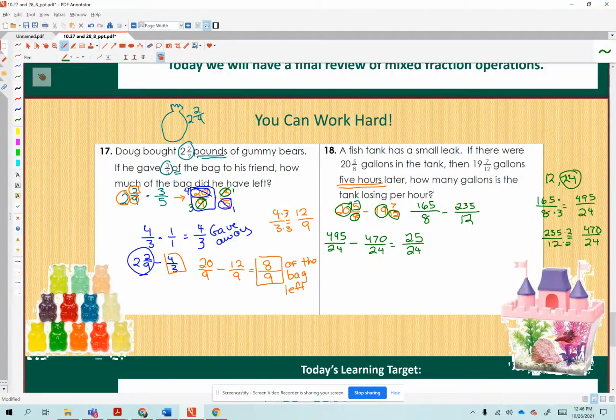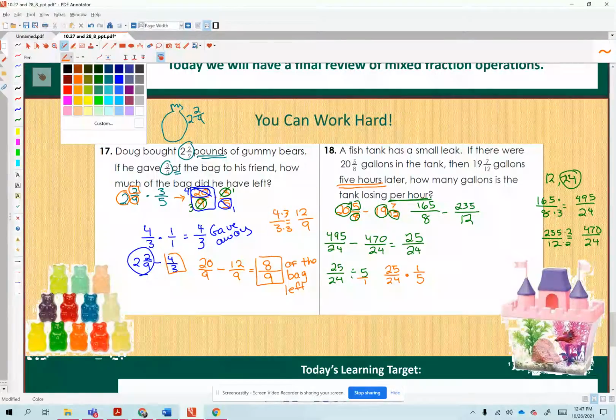But the question is, how many gallons is the tank losing per hour? So we need to divide this by 5. So 25 over 24, that's why I'm not converting it to a mixed number, divided by 5, which we will rewrite as multiplication. So we can think of the 5 as 5 over 1. When we rewrite this problem as multiplication, it's 25 over 24 times 1 over 5.